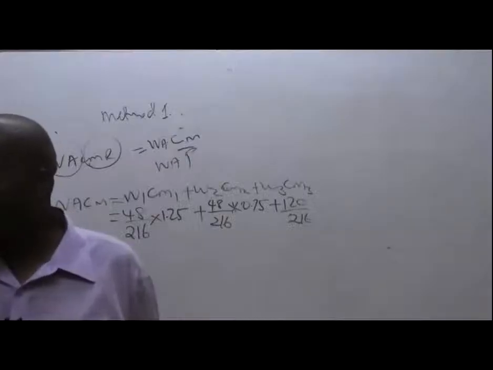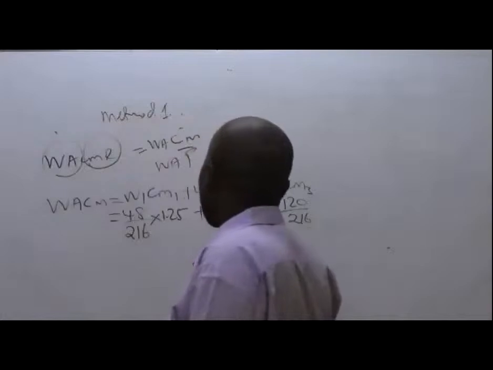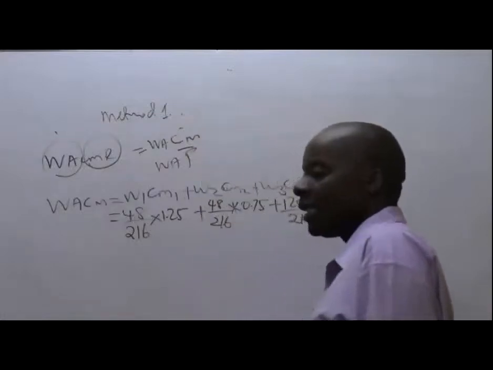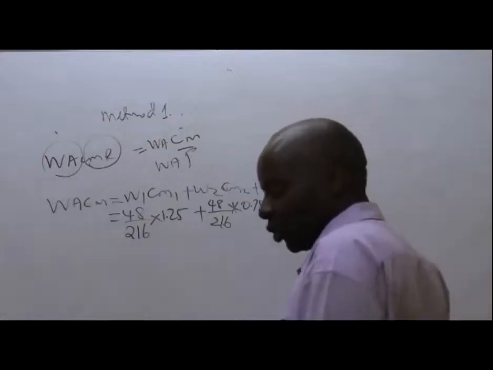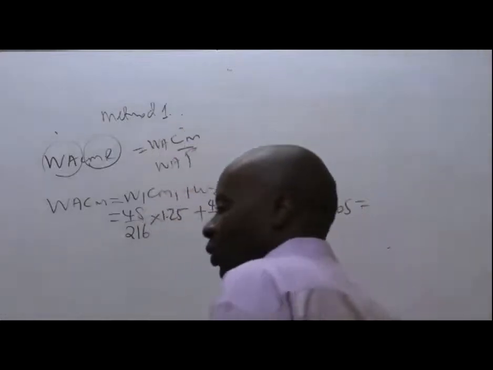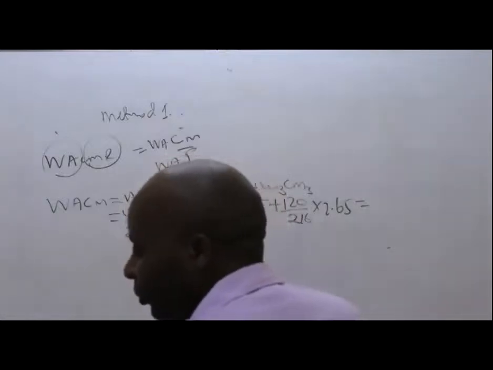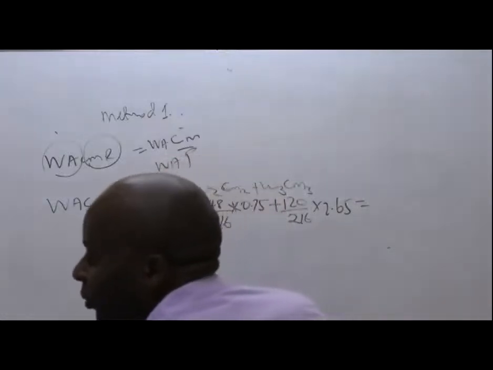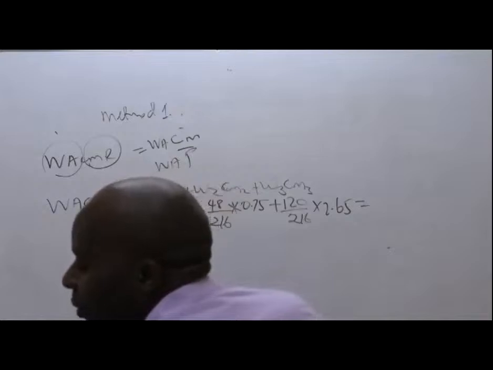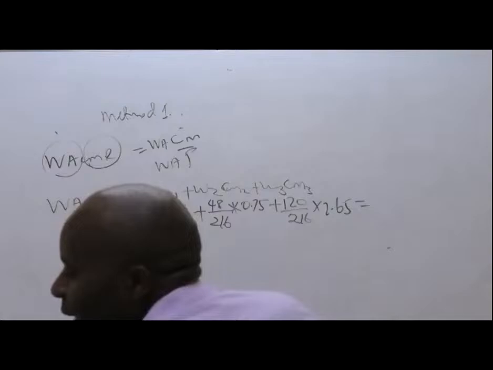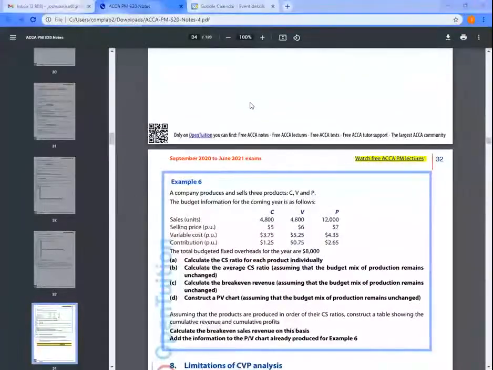Before I answer that, student, could you kindly give me this figure? What is this supposed to amount to? So where I got the 216 from, if I come back here, this 216, where did I get it from?